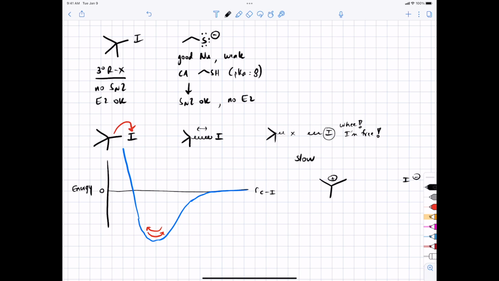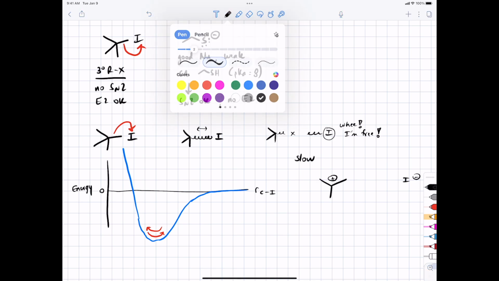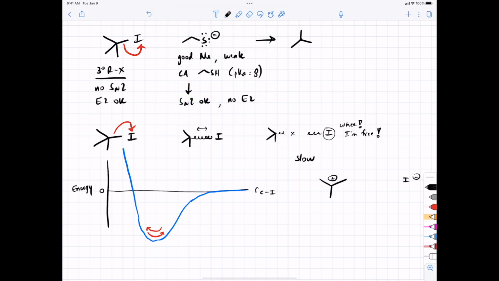Well, all I'm left with is I can have the leaving group leave to give me a carbocationic intermediate, and then I need to ask what happens now? How will this molecule react with the carbocation?